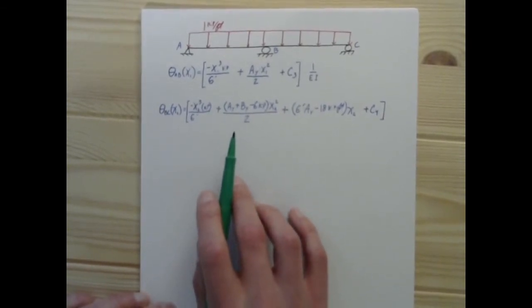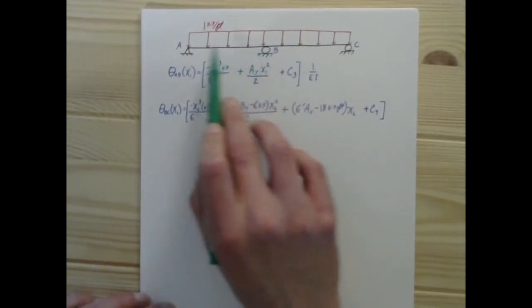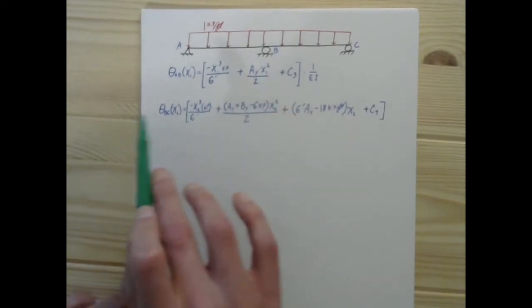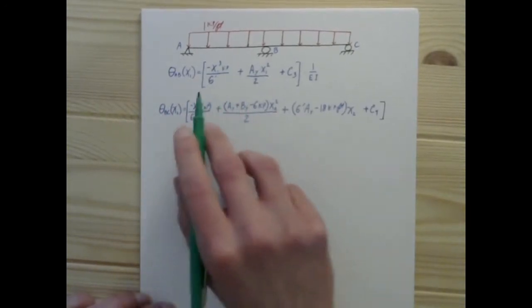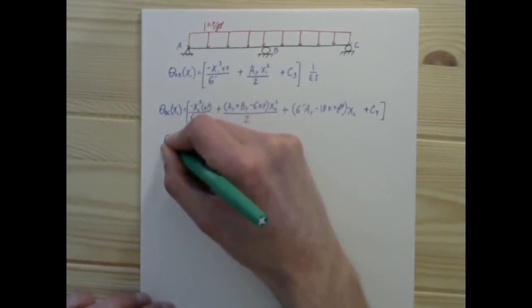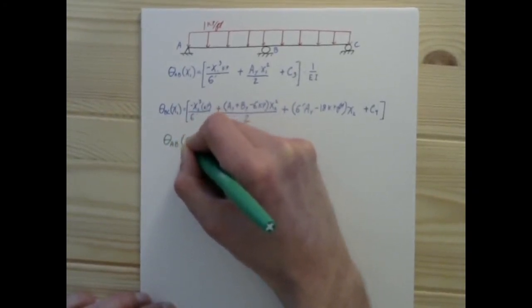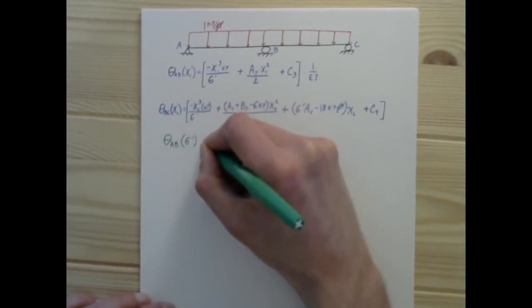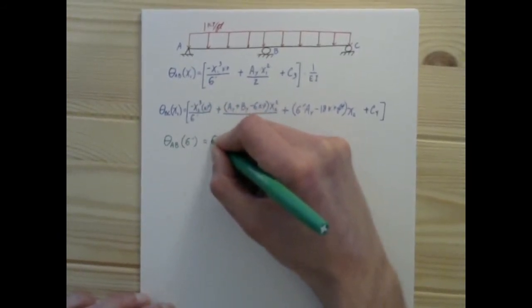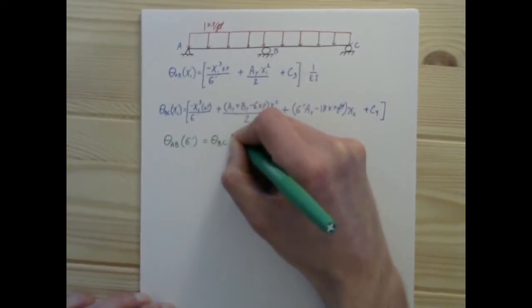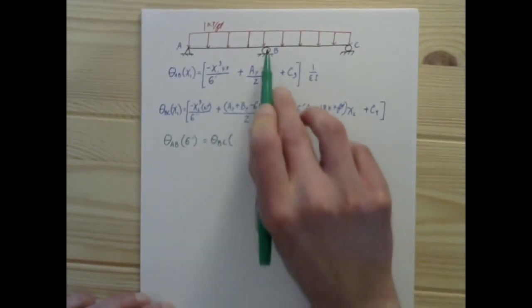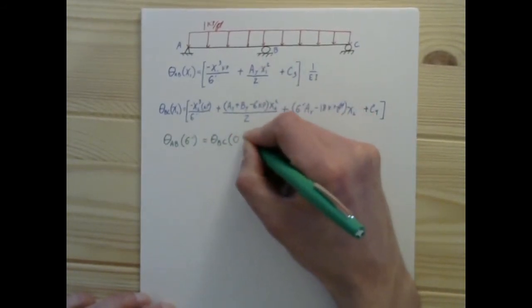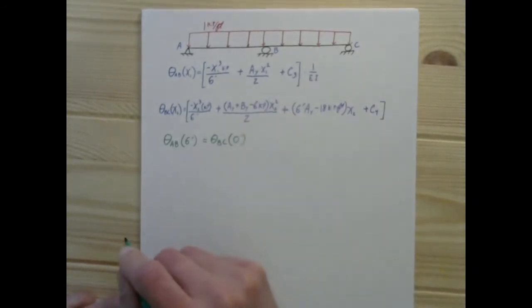We also have the boundary condition that the beam is continuous across B, and so the rotation at B is the rotation at B. And as a result, we can then say that the rotation function from A to B at point B, which is going to be at 6 feet, has to equal the rotation equation from B to C at point B, which in this case, because we're using x2 for this, that starts at B, that's got to be at 0 feet. Pretty convenient for us.